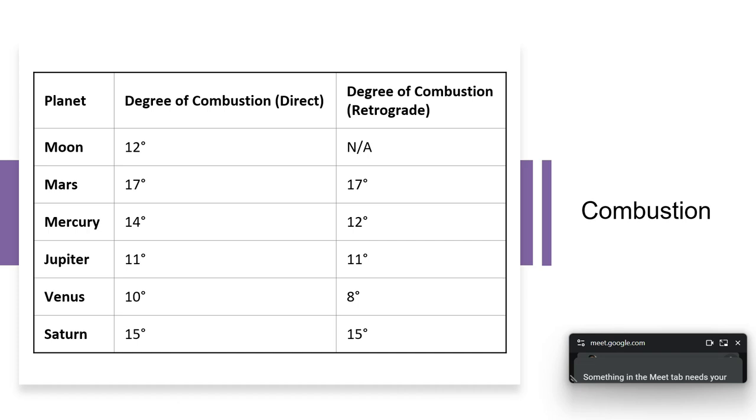Now another point to be noticed here is that Mercury and Venus are inner planets. What are inner planets? Can anyone tell? I think I discussed this earlier. They are the planets between Earth and Sun.